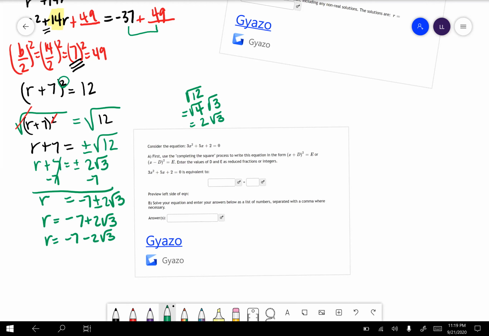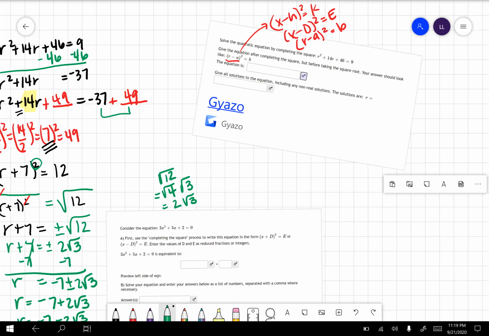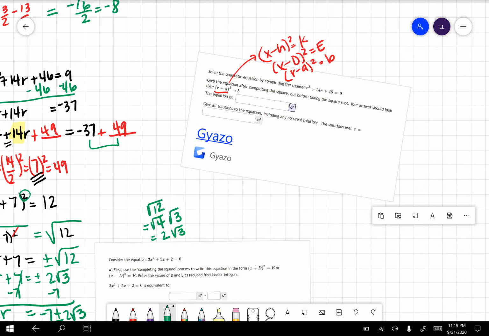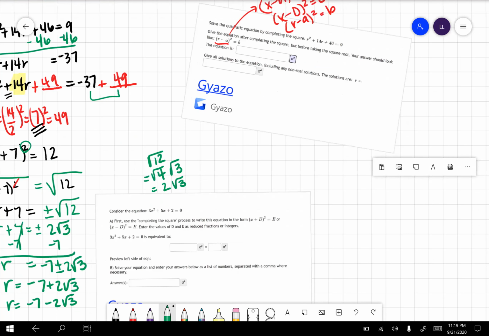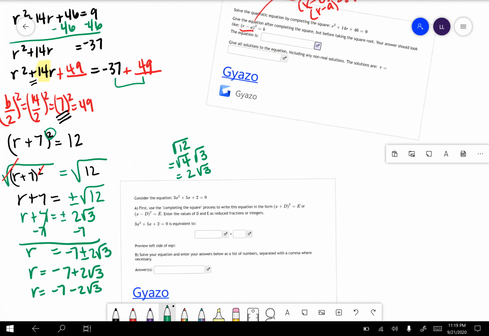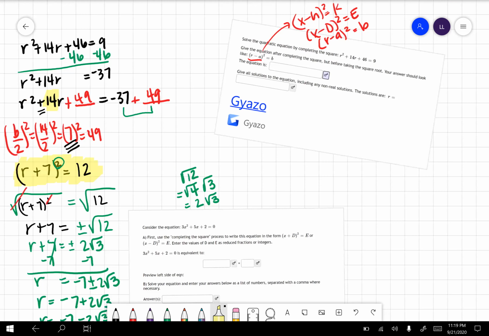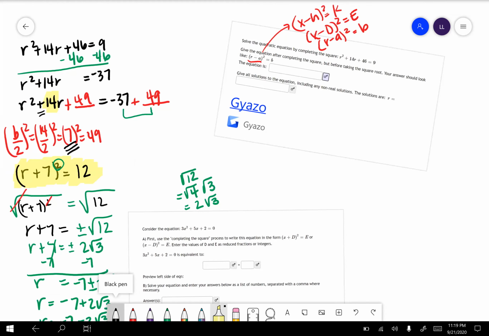Okay? Now, what do we plug into our equation up here so that we can write our answer? This here is what we plug into our equation during the halfway mark. R plus 7 squared equals 12, that's what goes there.